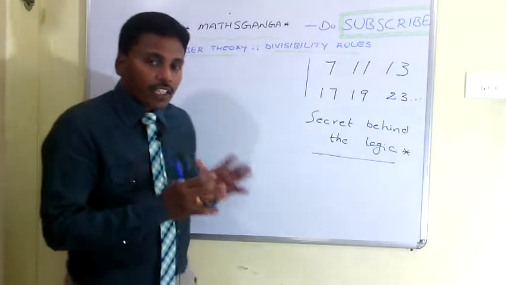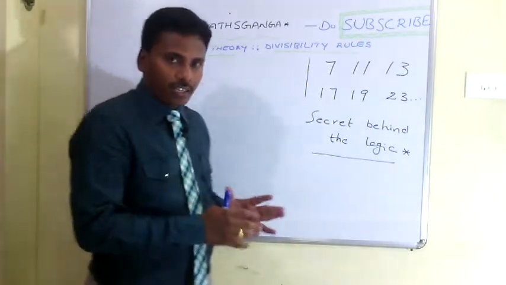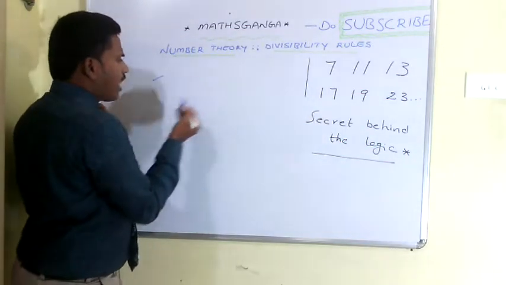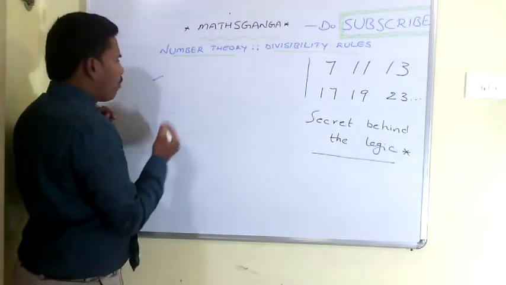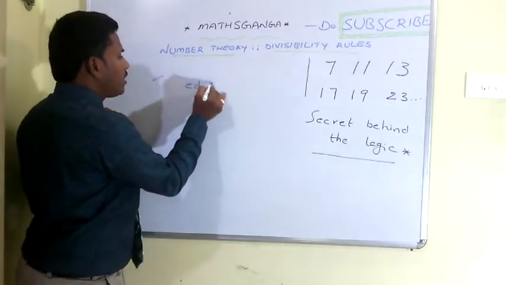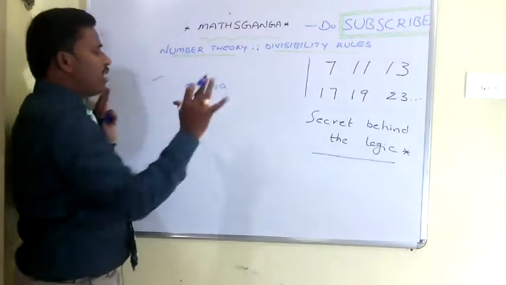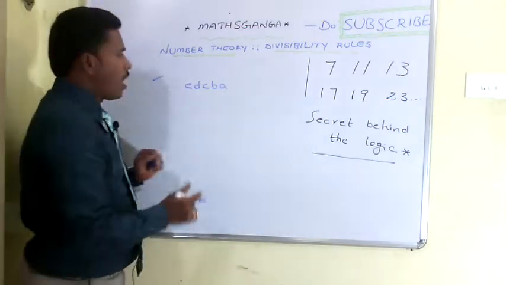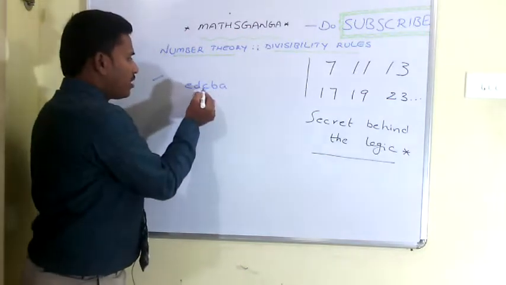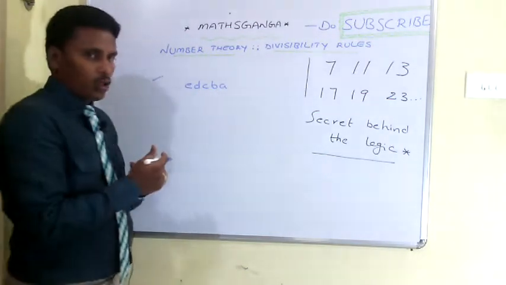See, the secret behind the logic involved here is this. Take any number, having any number of digits. Suppose I have a number like this: E, D, C, B, A. This is a number having a certain number of digits. Among those, A is the last digit, which is the units digit, then the tens digit, hundreds digit, thousands digit, and 10,000 digit.